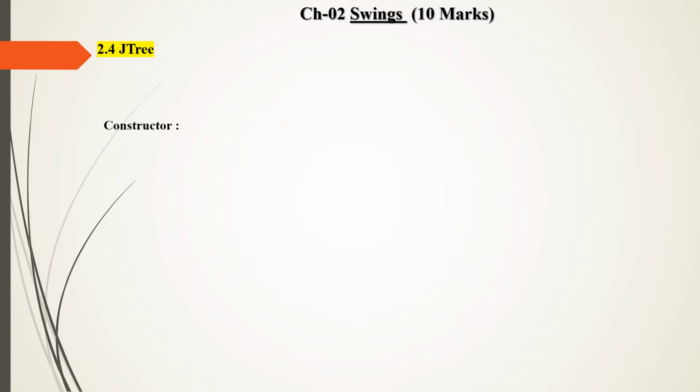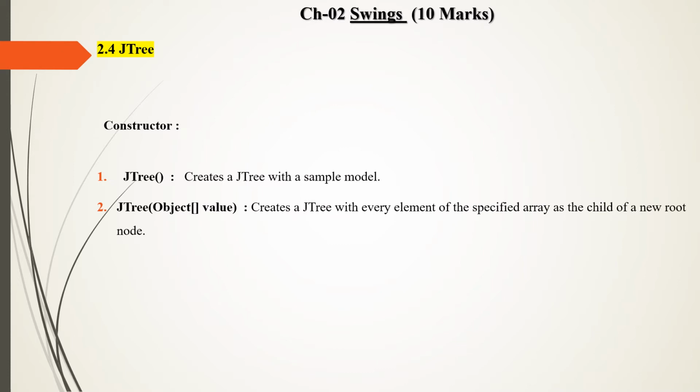Next, we see the constructors of the JTree class. The first constructor is the default constructor, which does not have any parameter and creates a JTree with a sample model. The second constructor of JTree has one parameter, an object value.